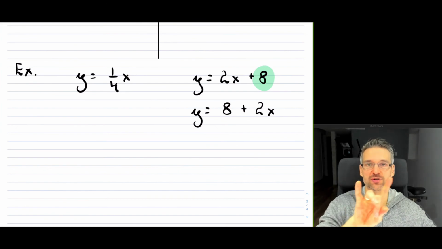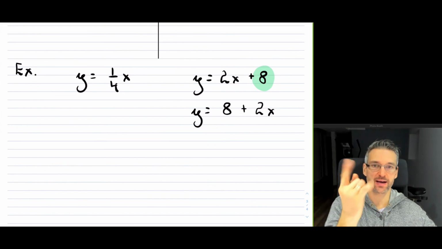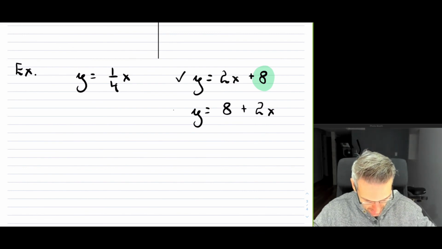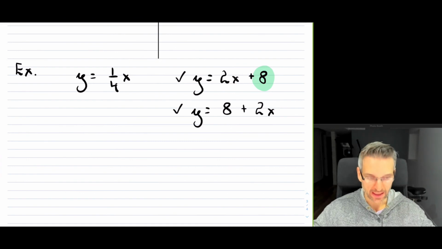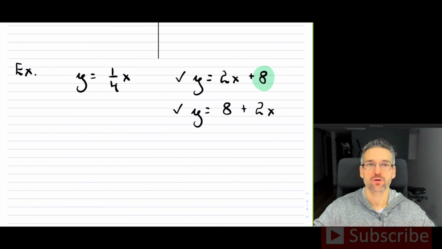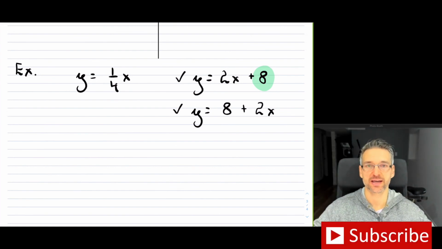Adding and swapping them side by side doesn't make a difference, so both of these are the same. That's what you should look out for when identifying direct and partial variations: are you only scaling something, making it bigger or contracting it, or are you also shifting it by something? As soon as you shift it, that would be a partial variation.